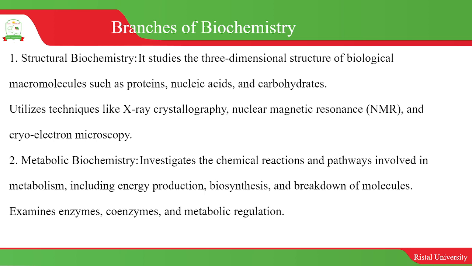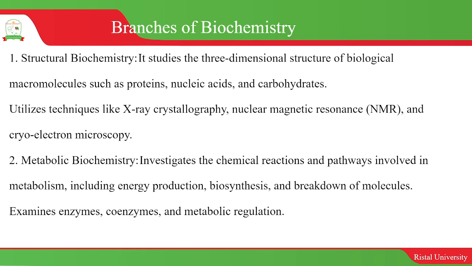And then the other branch of biochemistry is what we call metabolic biochemistry. With this, we want to look at the pathways or the chemical reactions involved in metabolism. So, for example, if we want to look at the processes involved in energy production, which enzymes are involved, which substrates are involved, and under what conditions do these reactions happen.